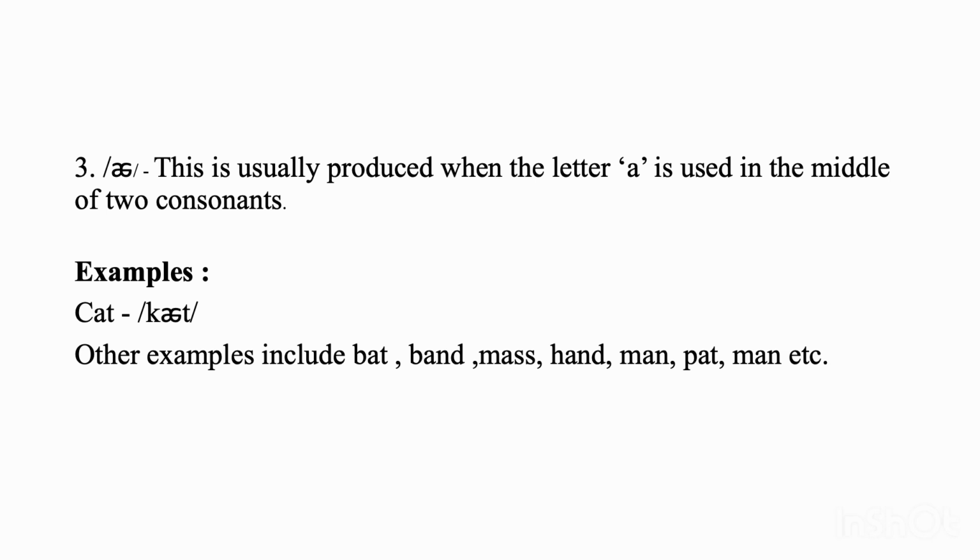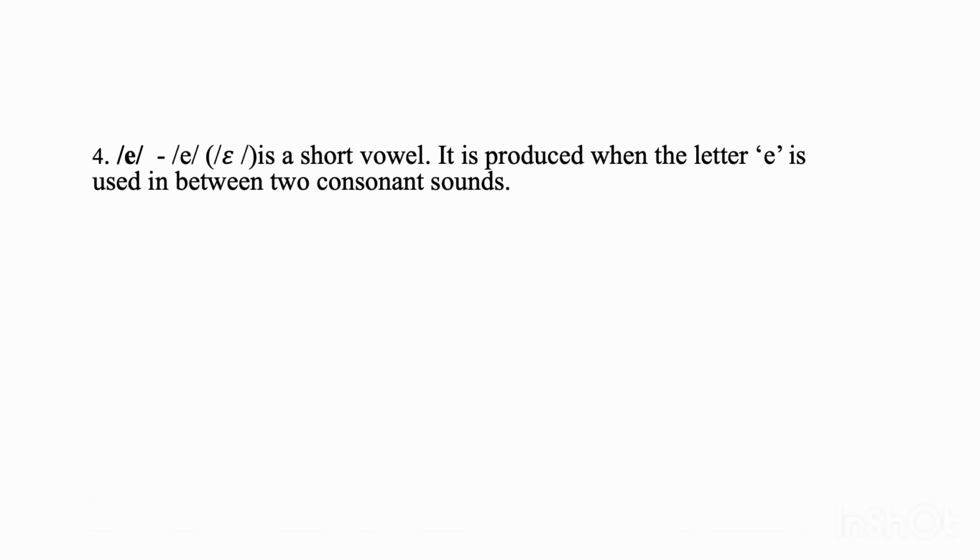So we move on to the next one, the E, which sometimes is transcribed as E, as put in the bracket. That is when pronouncing it. It's a short vowel. It is produced when the letter E is used in between two consonant sounds. So we have example: pen. So you realize that when it is being pronounced, it comes out as E. So pen.